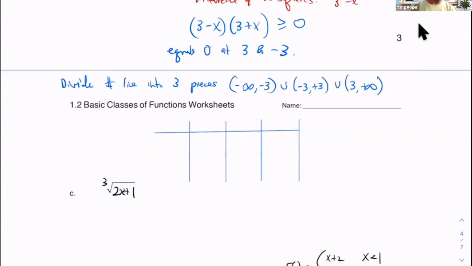Okay, so you got something like this. So I chopped my real number line into 3 pieces. I'm going to put those 3 pieces at the top here.